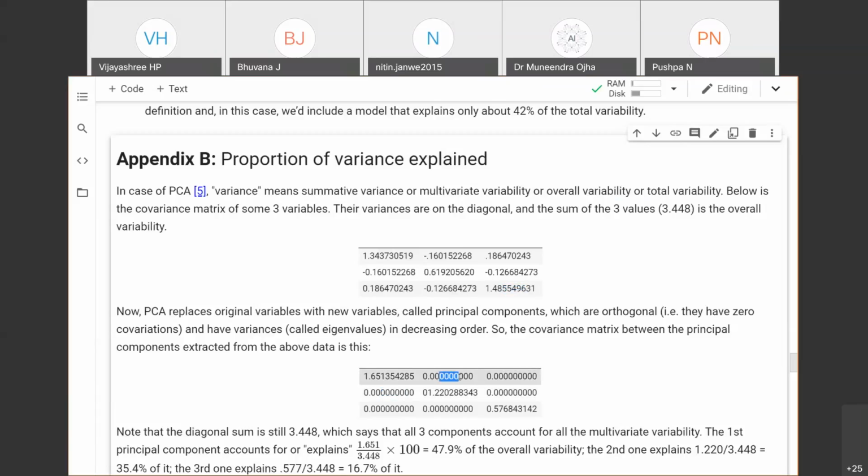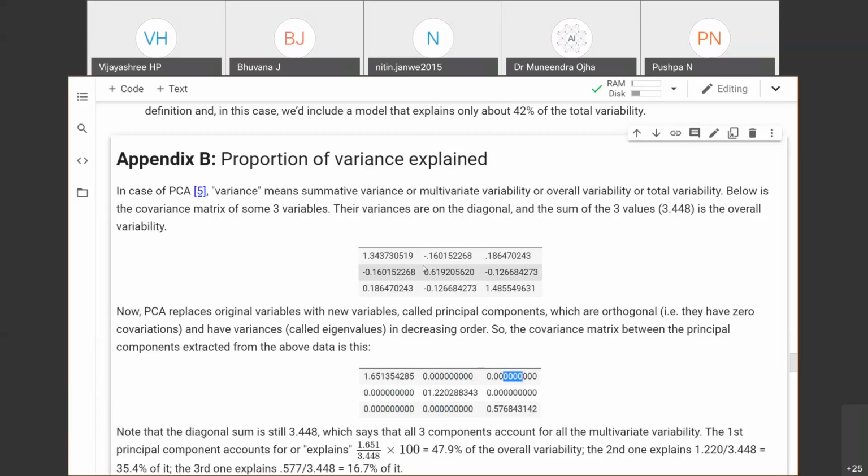So any non-diagonal element will have a value of 0, because all the principal components are independent of each other. That is why we do not find any covariance in this covariance matrix. Only the elements on the diagonal will have some variance.